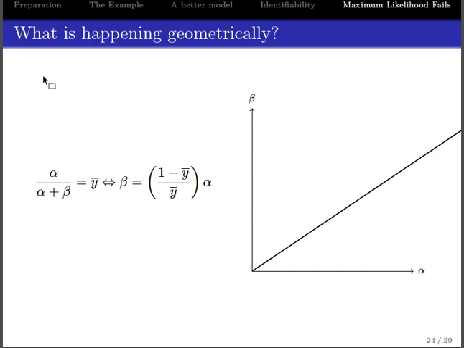A non-unique answer. There are infinitely many pairs, alpha and beta, which are equally consistent with the sample data, and estimation has failed by the most mainstream and robust technique that we've got, given that we have a parametric model.